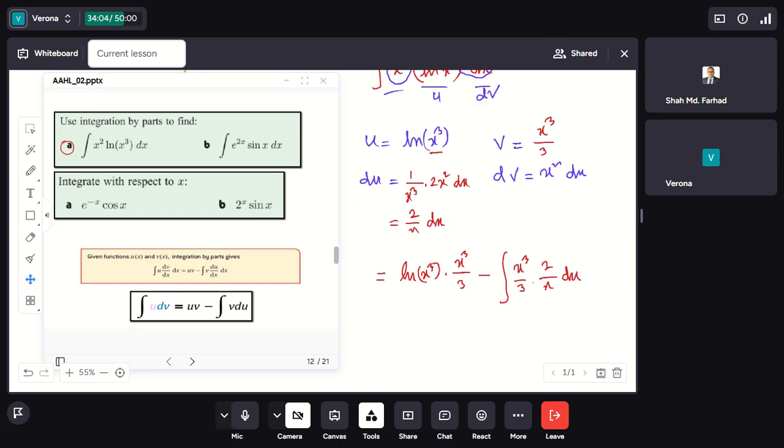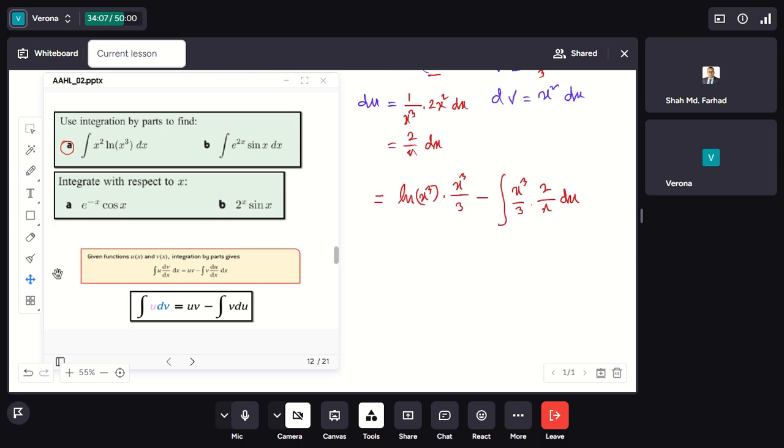Okay, then we'll have 1 over 3 x cube ln x cube, then negative 2 over 3 outside the integral, then x square dx.